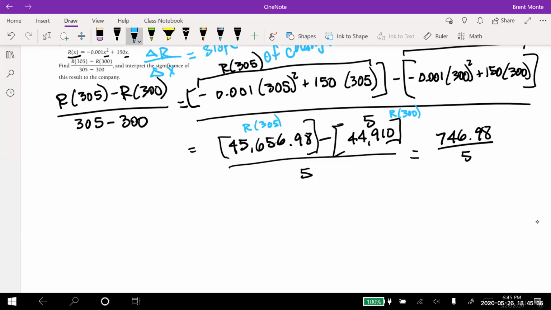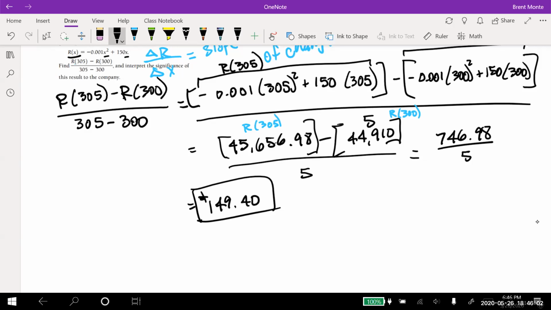So when I divide by 5, and I've got this in my calculator, so I'll just click divide by 5, I get, again I have to round it off, 149, and it's 0.396. We'll round it to 40. It's $149.40.